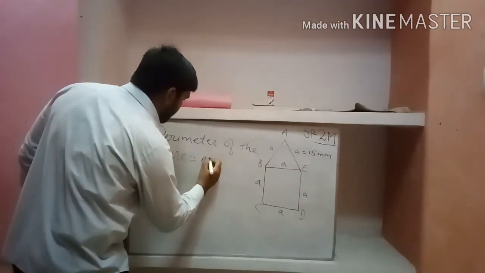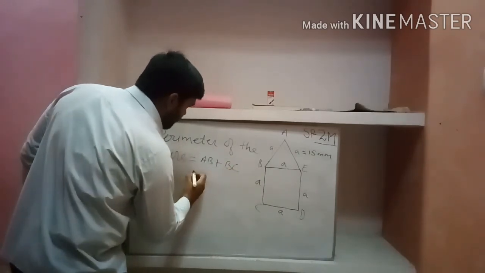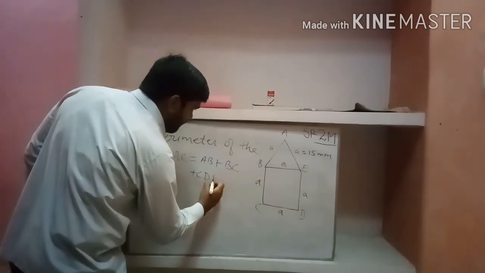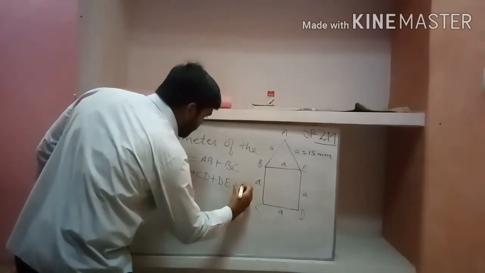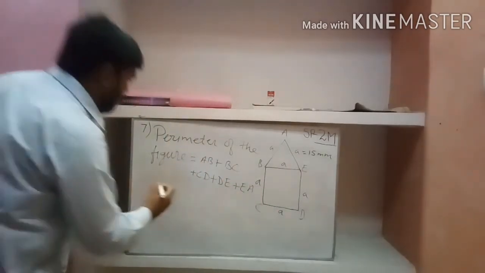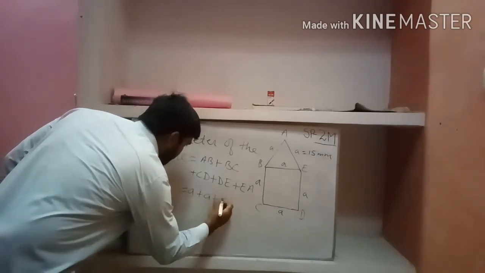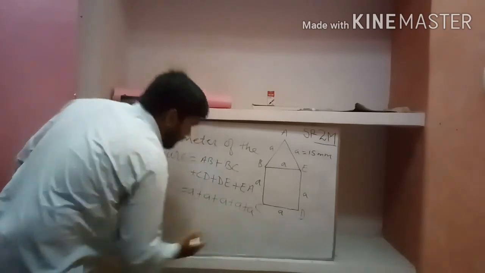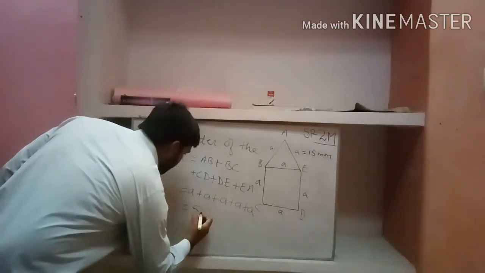That is AB plus BC plus CD plus DE plus EA. Now all the values you put, because all the sides are A only. So what result did we get? A plus A plus A plus A plus A.